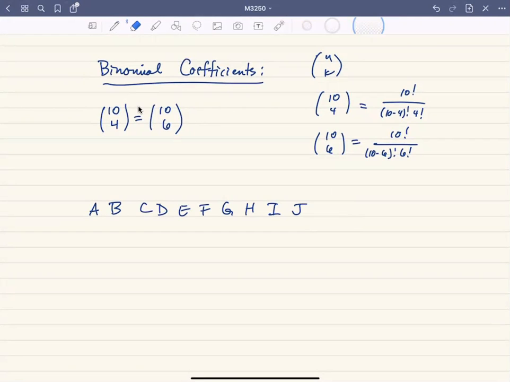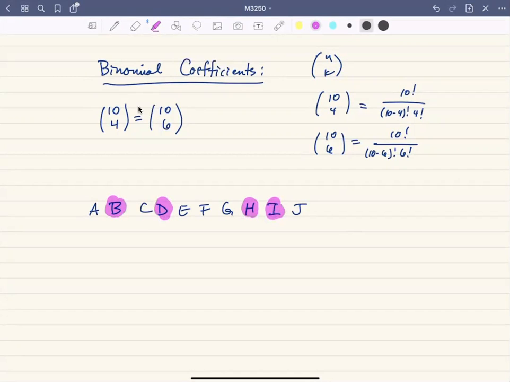What we want to do is choose 4 of them to go on a trip, maybe to go give a talk to a client or whatever. How many ways are there to choose 4 people to go? Well, you could choose, for example, B, D, H, and I. That's one choice you could make.